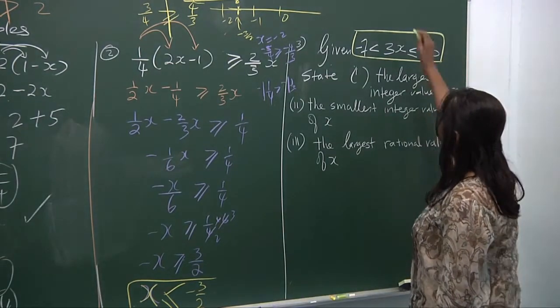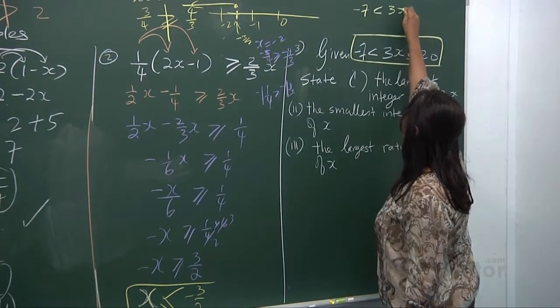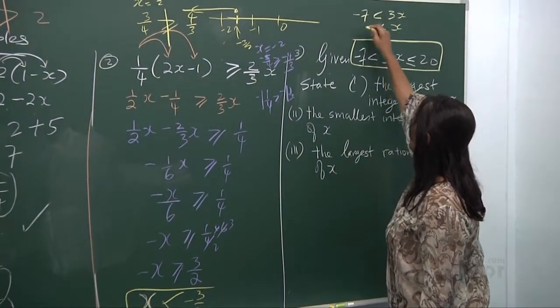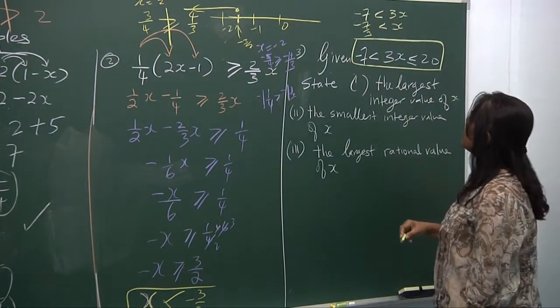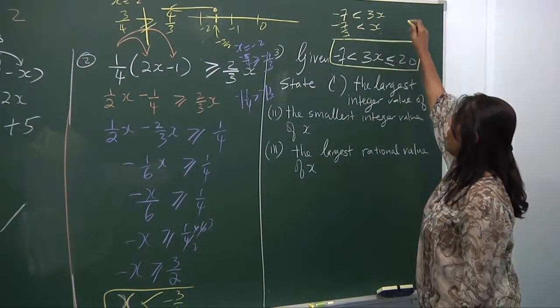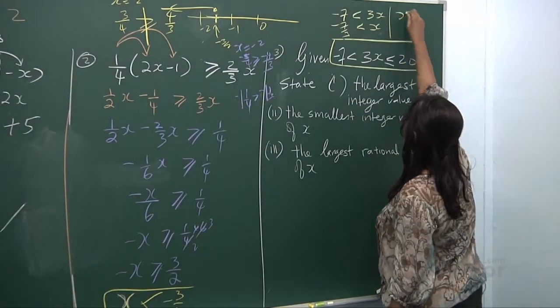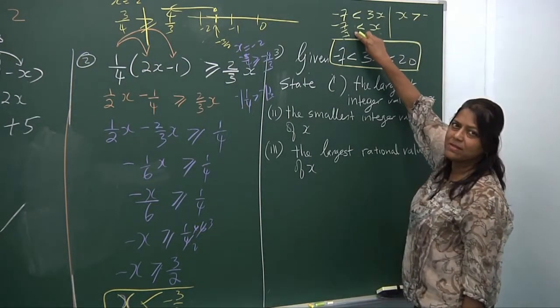It means that minus 7 is less than 3x. If I divide it by 3, I get minus 7 over 3, which is smaller than x. That means x is greater than minus 7/3.